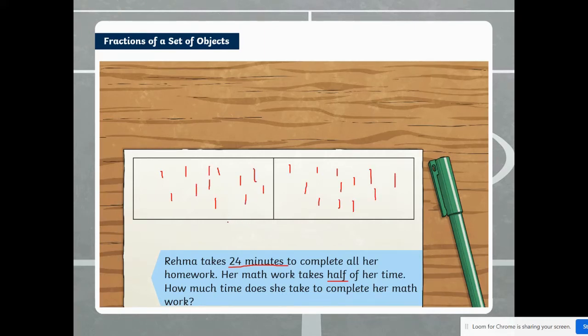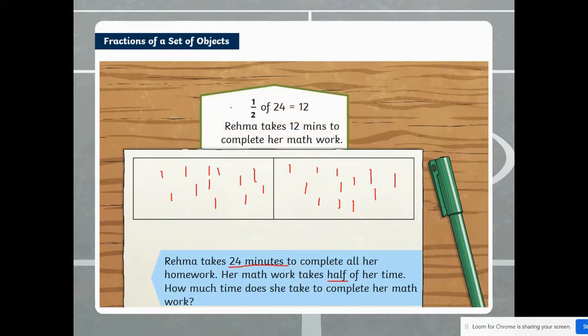So let's count how many do we have in one box. 1, 2, 3, 4, 5, 6, 7, 8, 9, 10, 11, 12. So we have 12 of our counters or markings in one box, which means this is half. So half of 24 is 12. So Rema takes 12 minutes to complete her math work.